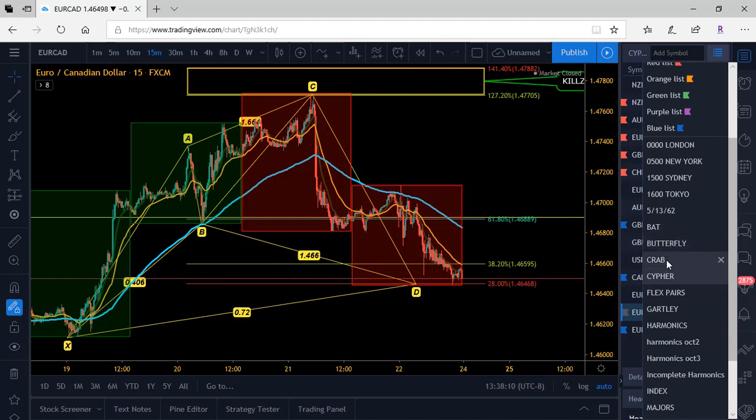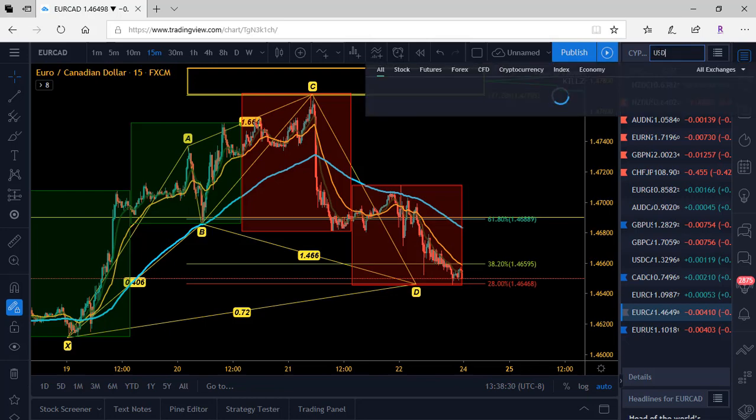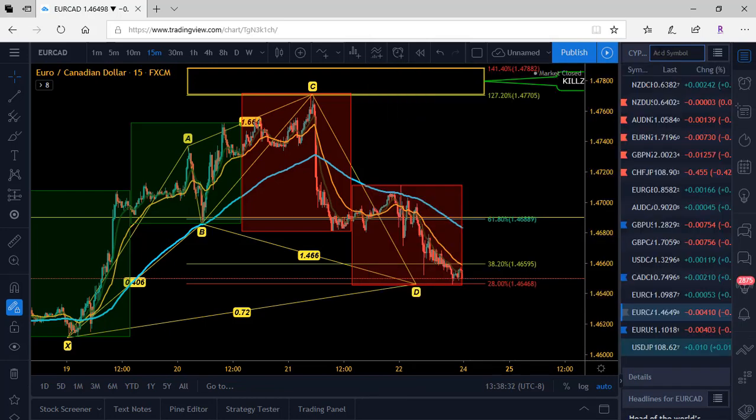So I have the Butterfly, the Crab, the Cipher, and the Gartley. In this case, like I said, that Shark pattern we just saw has potential to become a Cipher, so I'm going to put it on my watch list. USDJPY.